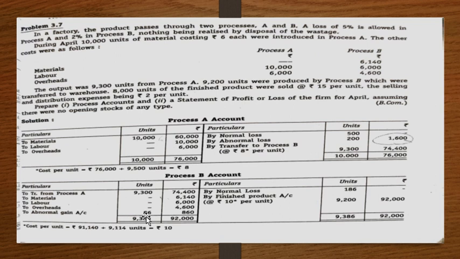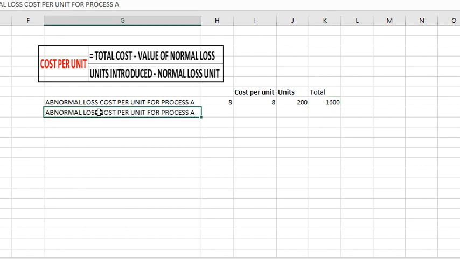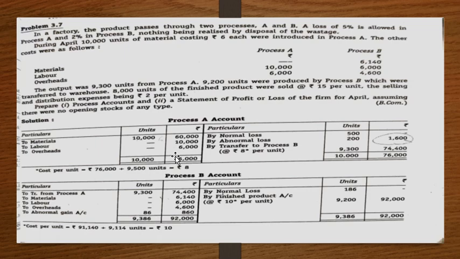So now we'll use the formula to find out the abnormal gain amount. The formula is the same: total cost minus value of normal loss, divided by units introduced minus normal loss units. So we will calculate the cost per unit for process B, as we have got abnormal gain for process B. So what is the total cost for process B?